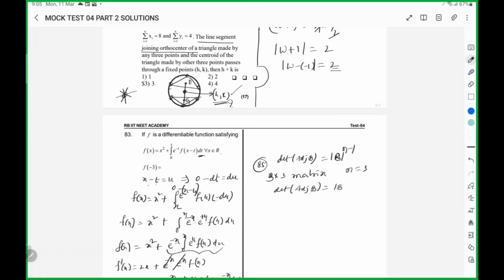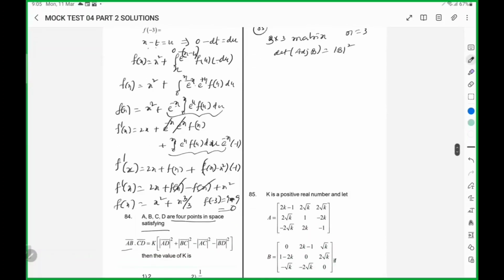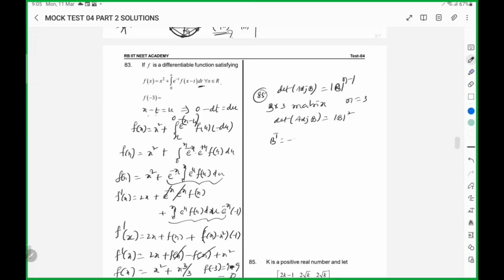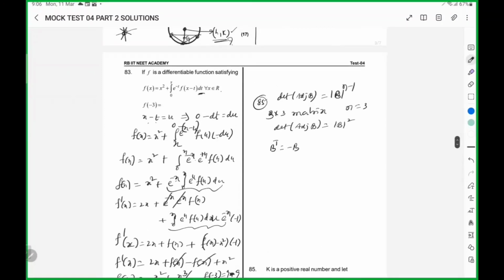Determinant of adjoint B will be... but here B transpose is minus B from the condition. Determinant of B transpose, so here determinant B is minus determinant B. Property determinant of B transpose, which implies that determinant B is zero.